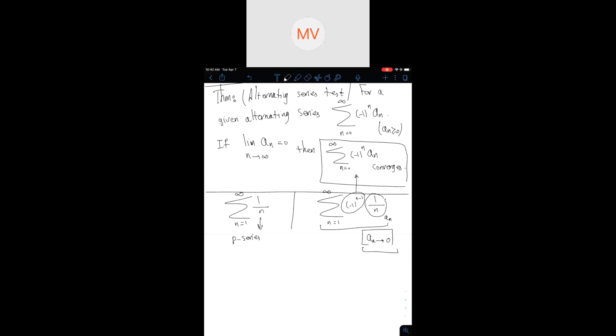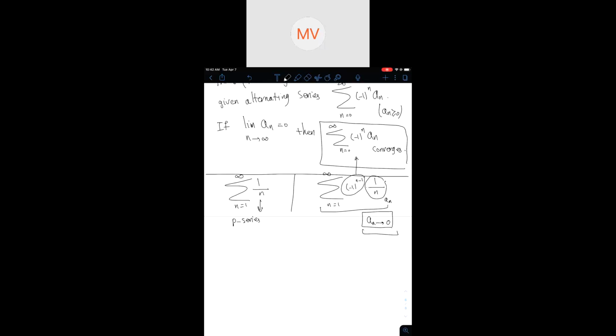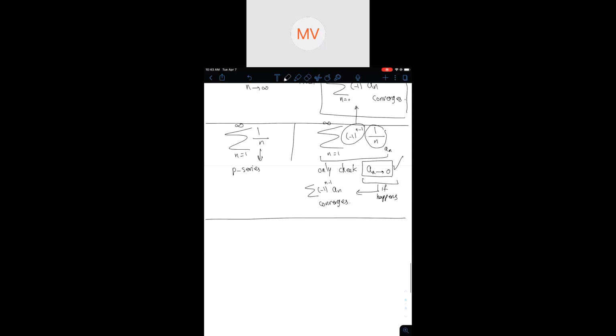The only condition you need is this guy. I mean, it's a very easy test in the case of alternating series. So only check this guy. And if this happens, then the sum of (-1) to the n minus 1 a sub n converges. Okay?